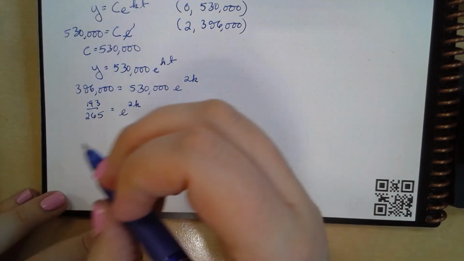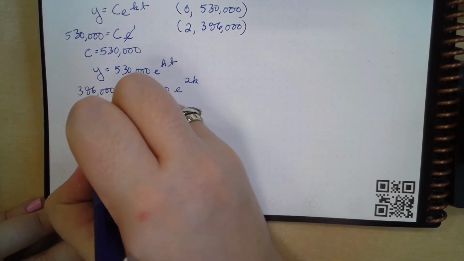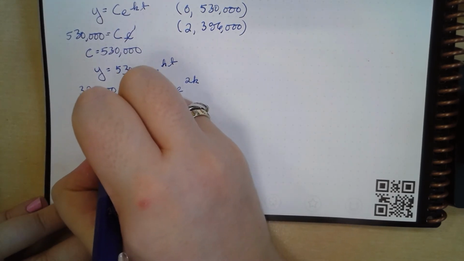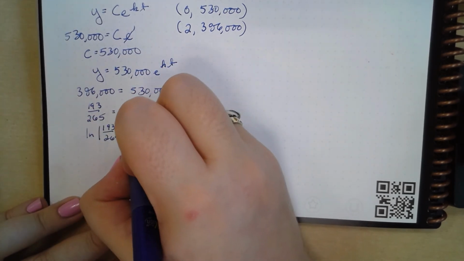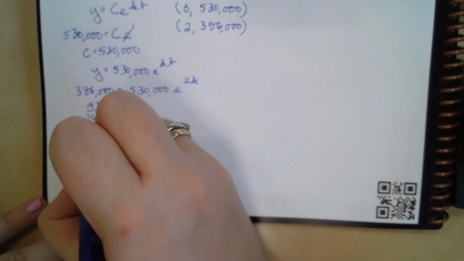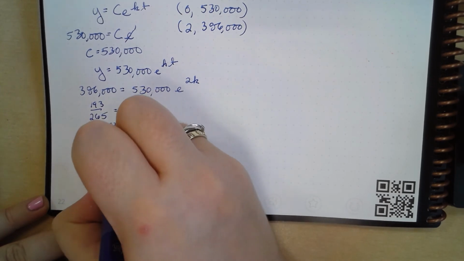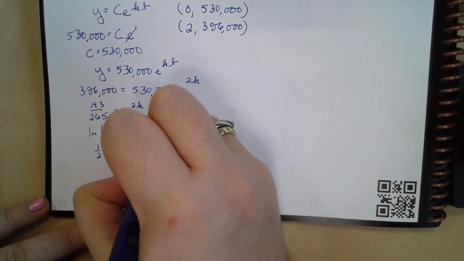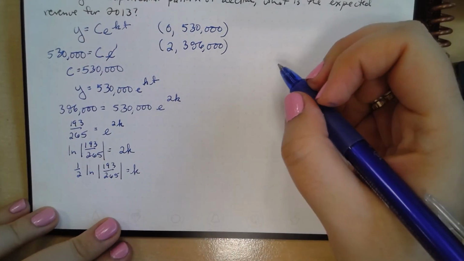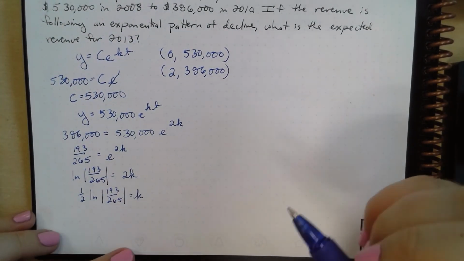This is ugly, but the natural log of 193 over 265 is equal to 2k. So 1/2 ln of 193 over 265 is equal to k. This is complicated, but hey, this is real life.